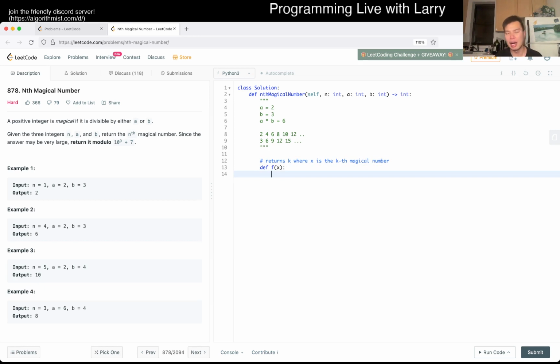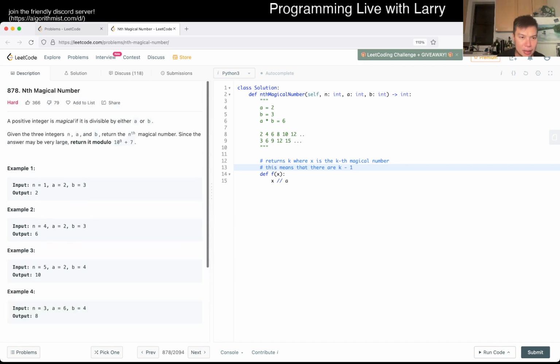In this case, maybe I'm doing it off by one, so we'll have to think about it a little bit. Is this 1 based? It doesn't actually tell you per se, though the example does, but it's a little bit awkward. This means that there are k minus 1 magical numbers smaller than x, right?